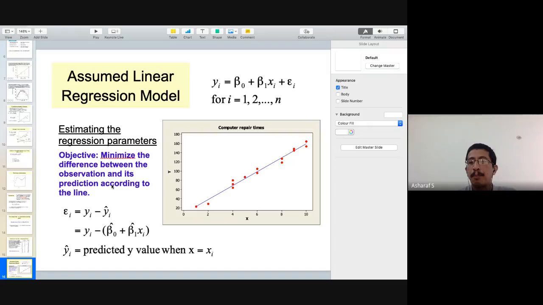The objective is to minimize the difference between the observation and its prediction according to the line, or the hyperplane in the n-dimensional space. In our case, we are looking only at the two-dimensional space, hence the word line. Otherwise, in a generic linear context in n-dimensional space, you use a hyperplane instead of a line.